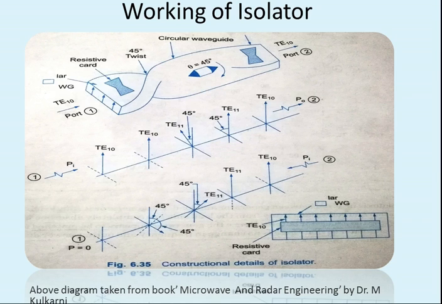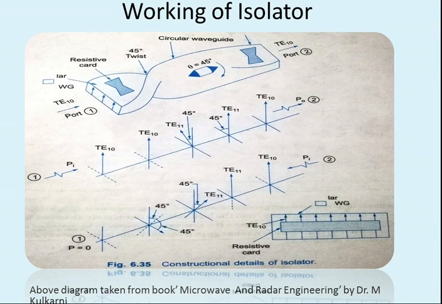A resistive card is placed along the larger dimension of the rectangular waveguide so as to absorb any wave whose plane of polarization is parallel to the plane of the resistive card. The resistive card does not absorb any wave whose plane of polarization is perpendicular to its own plane.